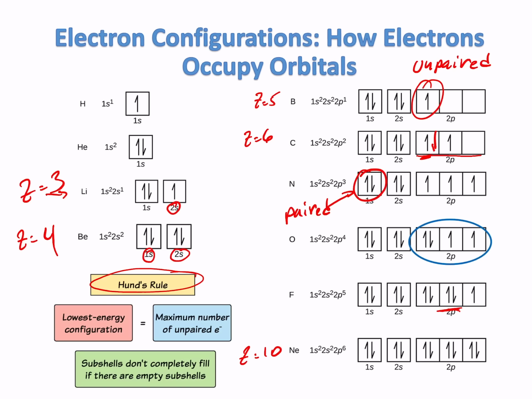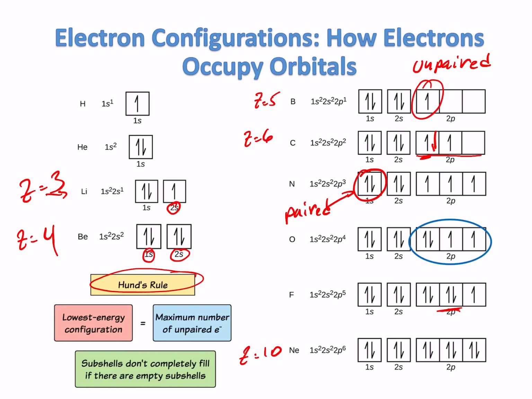You cannot fill one single d orbital if you still have empty d orbitals. So for any particular kind of orbital, that holds true. You don't completely fill them if you still have room in those subshells. Okay, so this is what it looks like for each one of these elements.